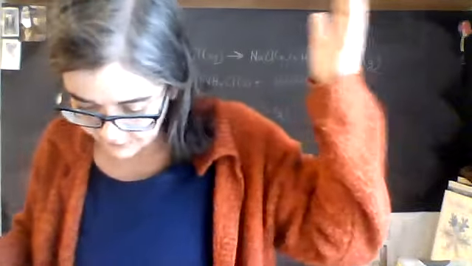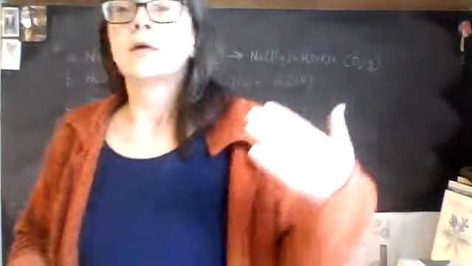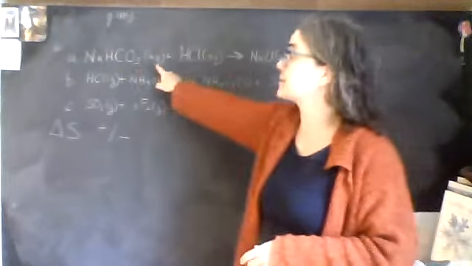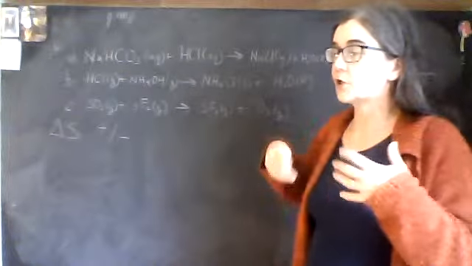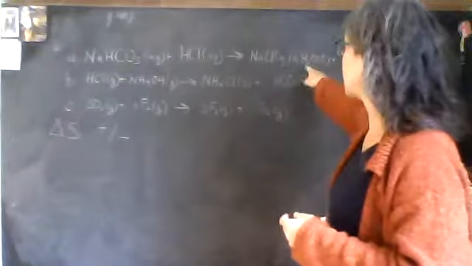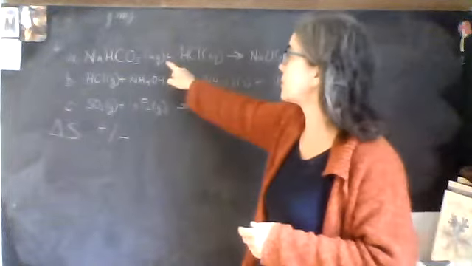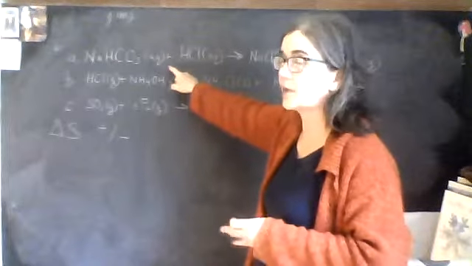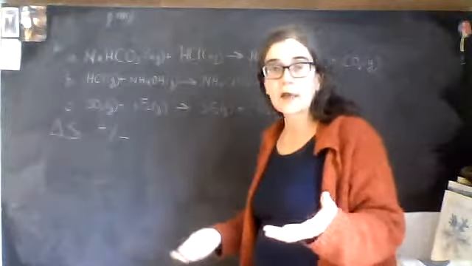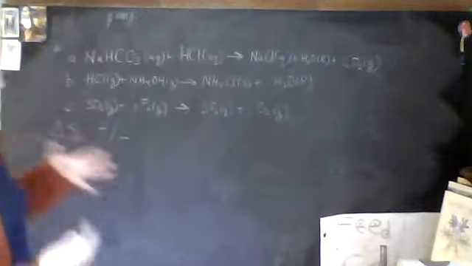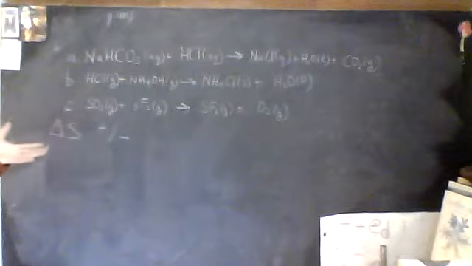We're looking at the difference between the product side and the reactant side, right? So we're going to be subtracting the entropy of the reactant side minus the entropy of the product side in order to calculate it. But we're not asked to calculate it here. We're just asked to give the sign. How are we going to be able to figure that out?